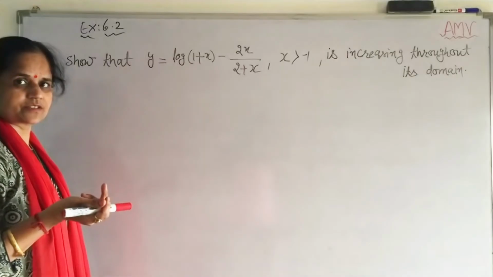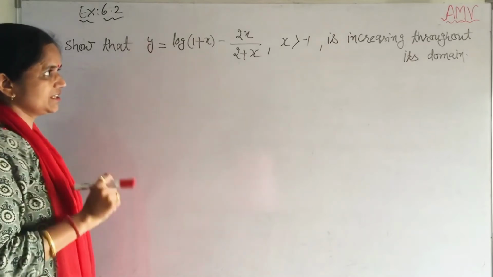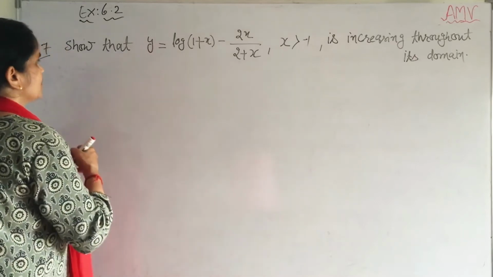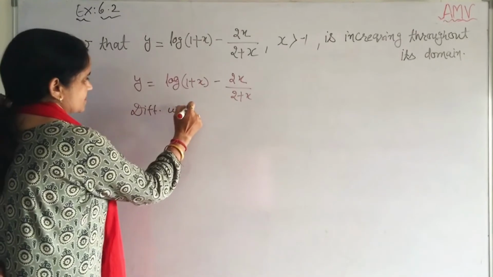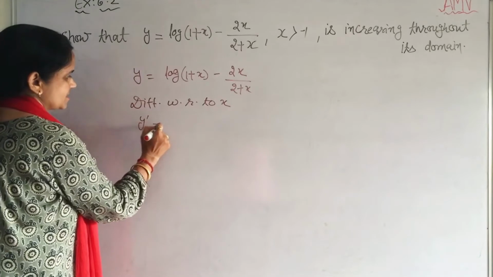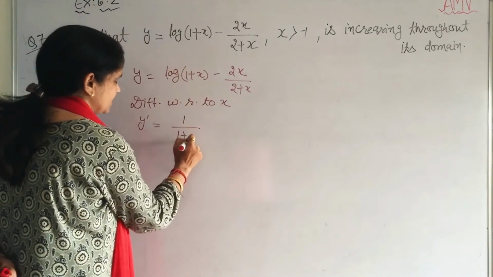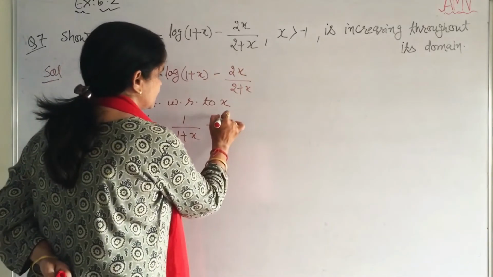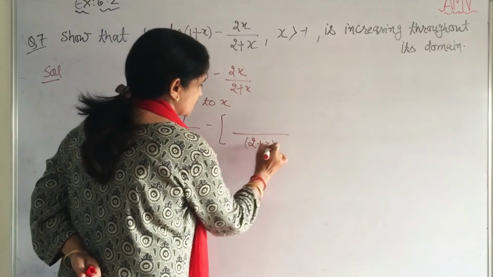Now start question number 7. Show that the given function is increasing throughout its domain for all values of x. Now differentiating with respect to x, here it is y dash, and the differential of log(1 plus x) is 1 by 1 plus x. Here apply the u by v division rule. So you will get 2 plus x whole square.